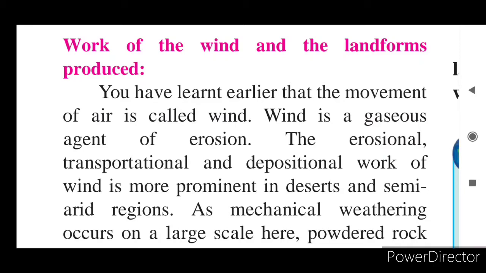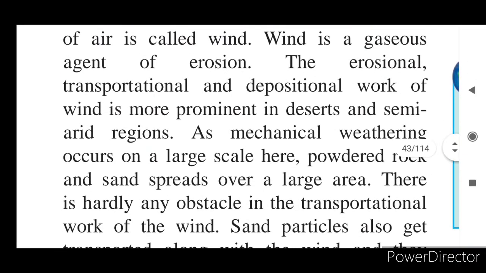Daytime it expands, nighttime it contracts. Due to that, big cracks are formed in the rock and erosion takes place. That is called mechanical weathering. Powdered rock and sand spread over a large area. There is hardly any obstacle in the transportational work of the wind, because it is all plain area, no obstacle is there.